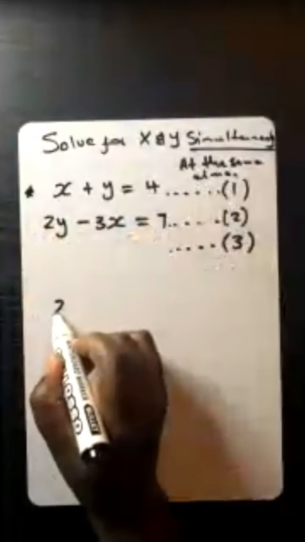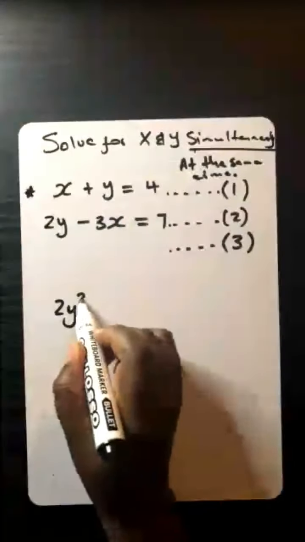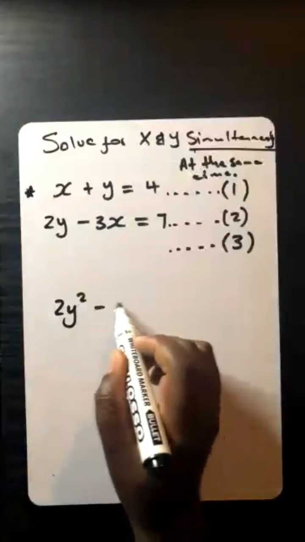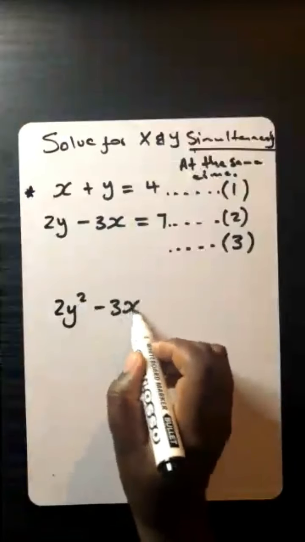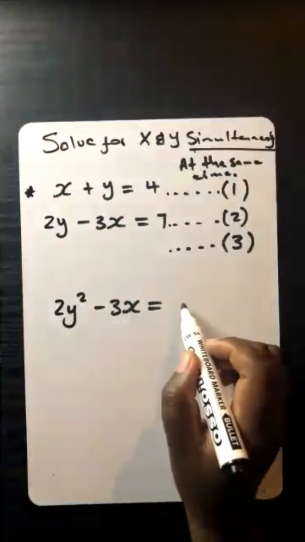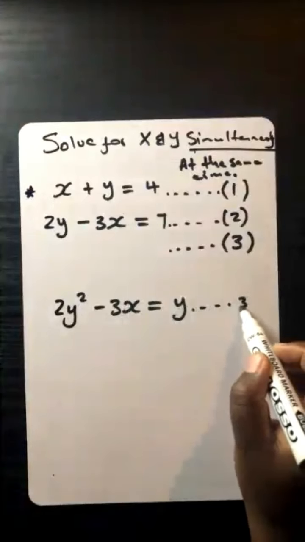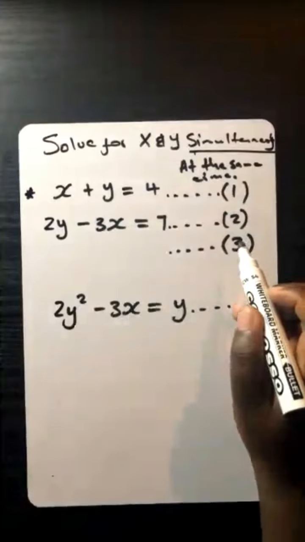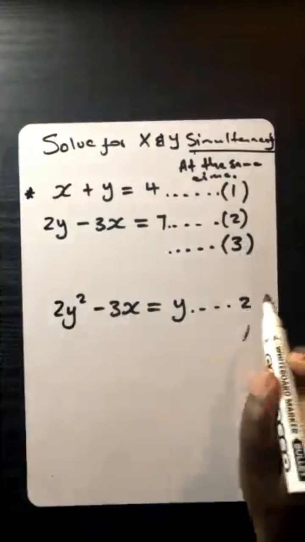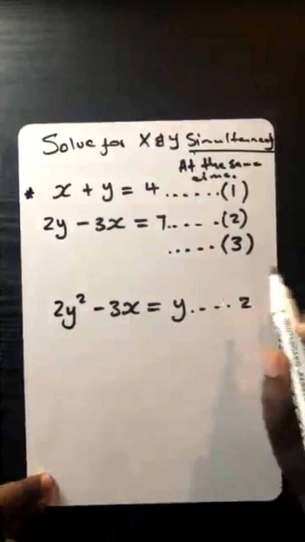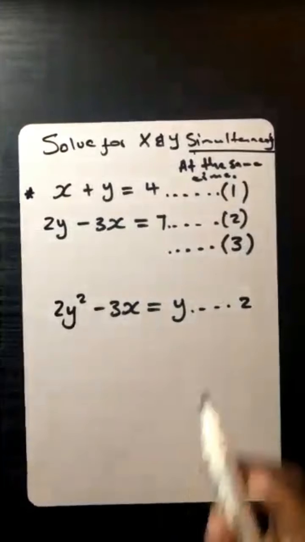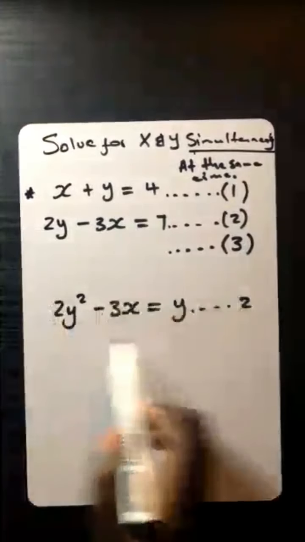So I'll give you an example. Let's say that equation number two was not like that. Let's say it was 2y squared minus 3x equals y. Let's say this was our equation number two. I just wanted to make sense of what I mean when I say you are guided by equation number two.